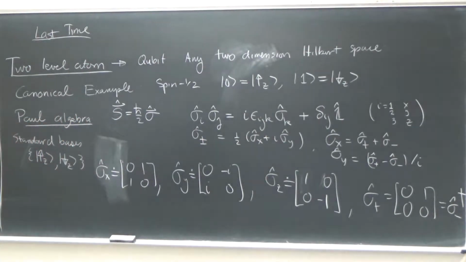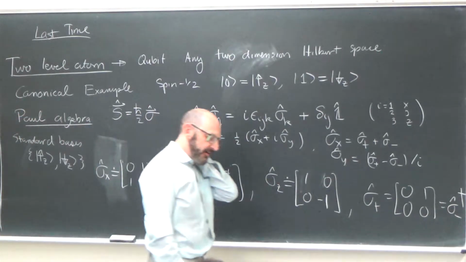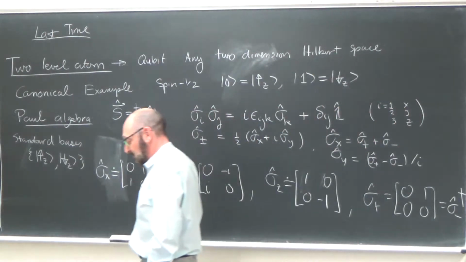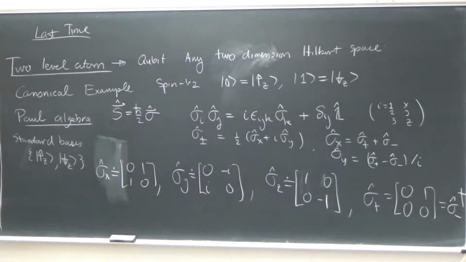Right, yeah. So we're talking about two-level systems. Particularly, we're talking about the two-level atom, one of the most important systems in thinking about quantum optics and in all of, I would say, quantum information science, the qubit.